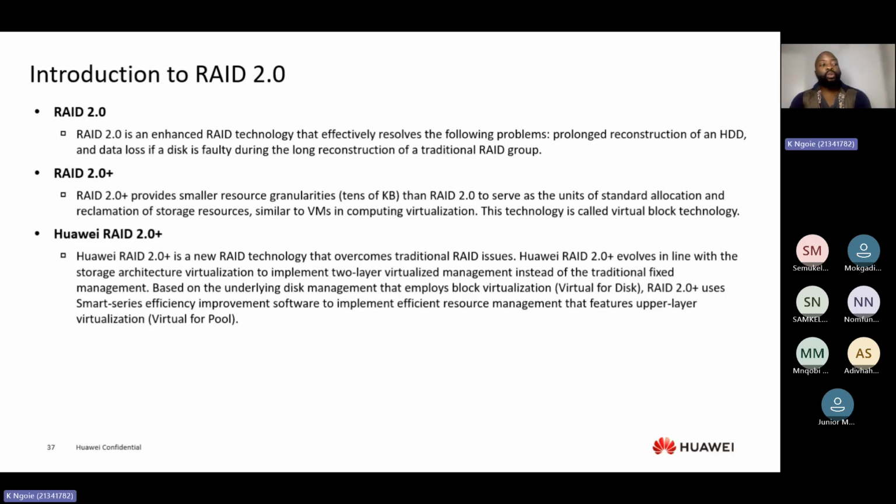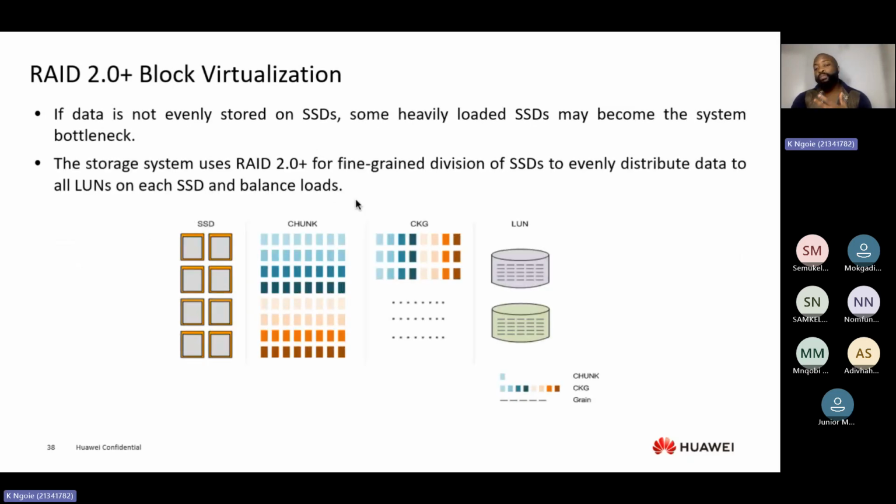So when we talk about block virtualization, right, as we've seen in the Huawei RAID 2.0 plus, like in RAID 2.0, you need to understand that each physical disk is actually sliced into smaller sizes, right?